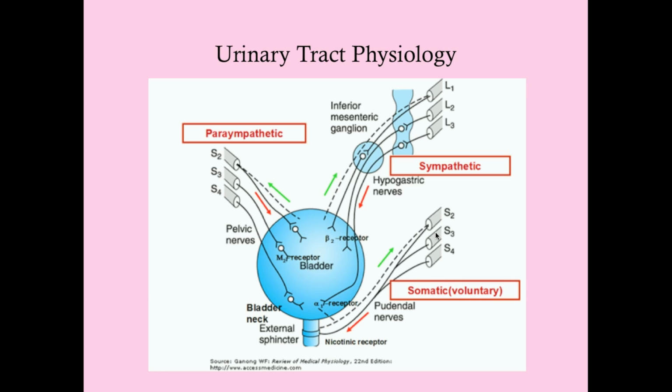Now, the part of the bladder that is under conscious control, remember, is the nicotinic receptors of the external urethral sphincter, and that is under somatic control, S2 through S4. Remember, S2, S3, S4. S2 through S4, get your pants on the floor. That's pudendal nerves. That also does some of the genital stuff too.